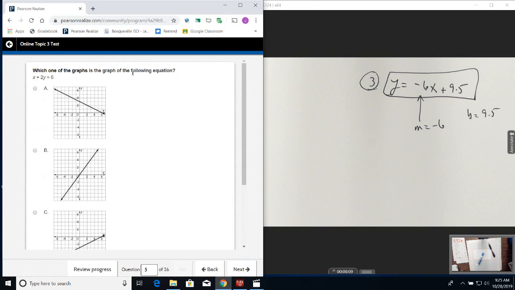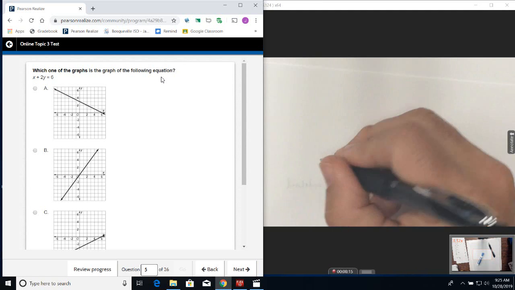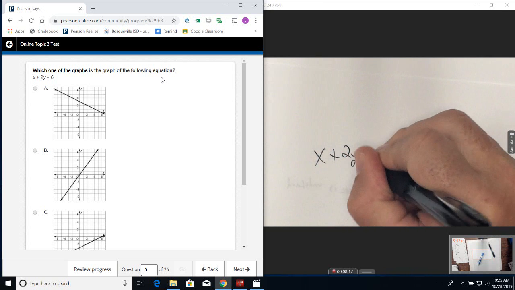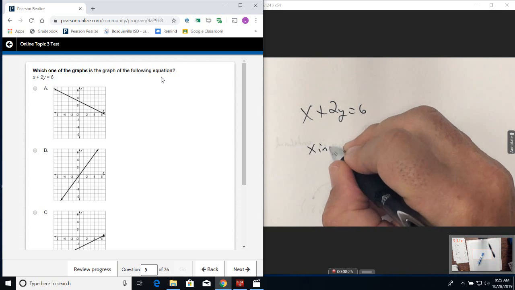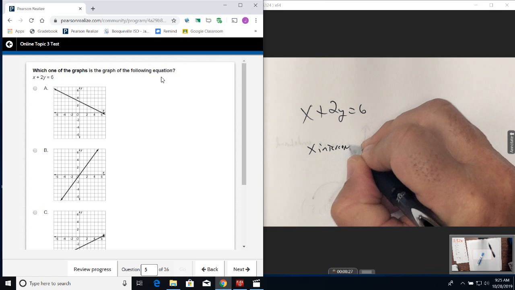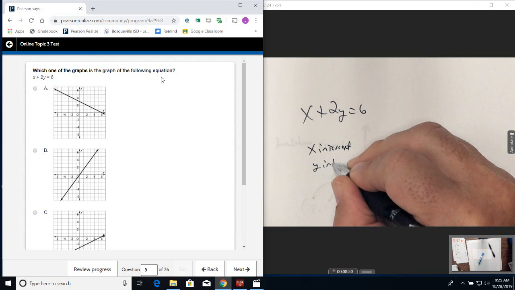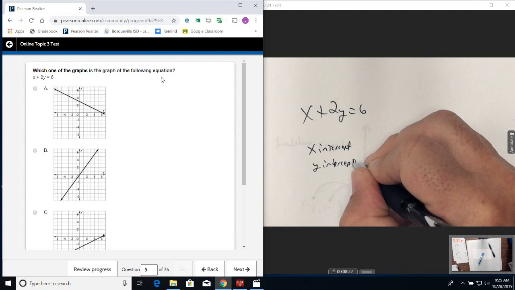Which of the graphs is the graph of the following equation? Well, look, what form is that in? X plus 2y is equal to 6. It's in standard form. What's the benefit of the standard form? It's easy to find the x-intercept and what else? The y-intercept.